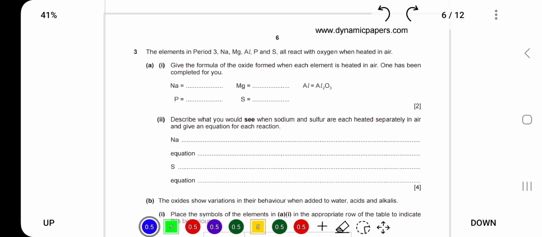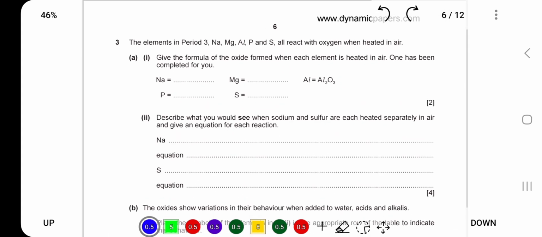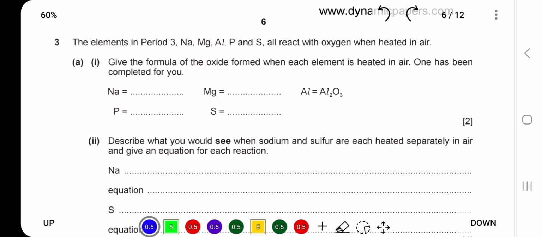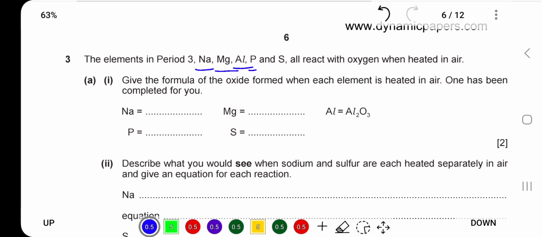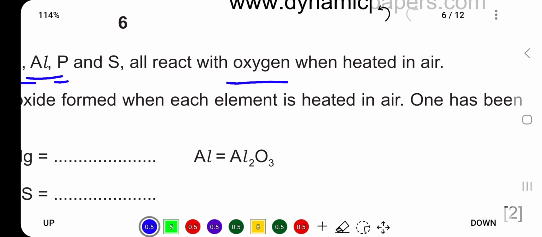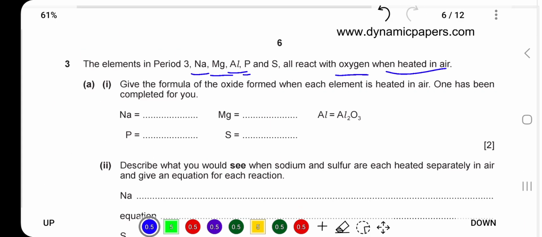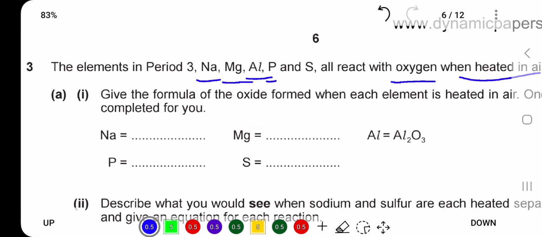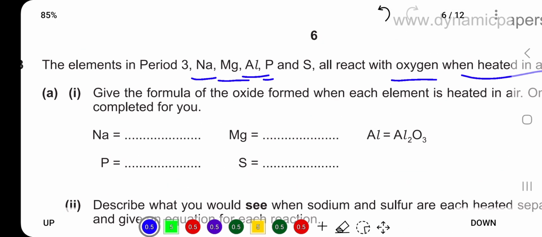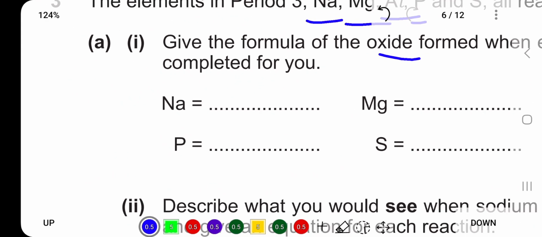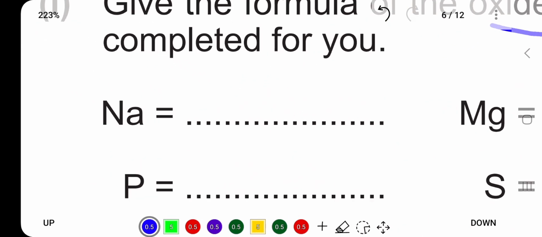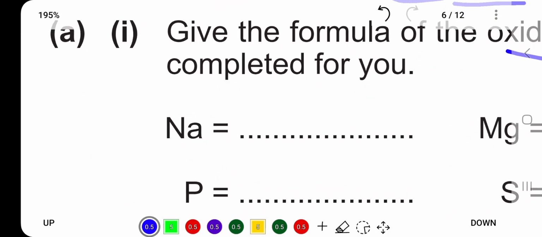Hopefully understood. Question 3. The elements in period 3, Na, Mg, Al, P, S, okay, whatever. They react in oxygen. So basically react them all with oxygen, and what will be the reaction when you form an oxide of them?